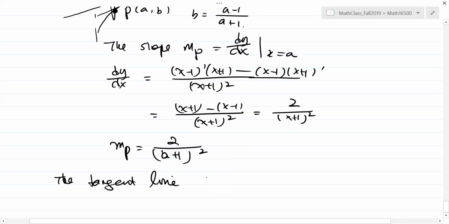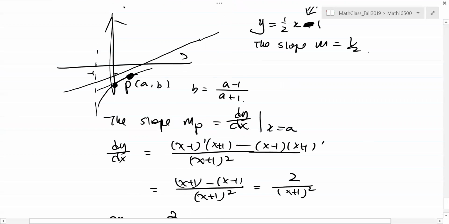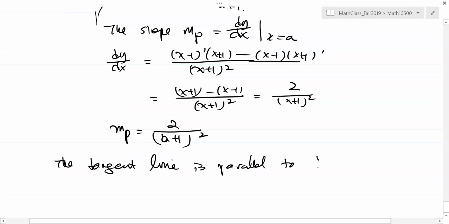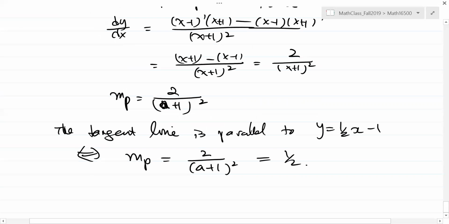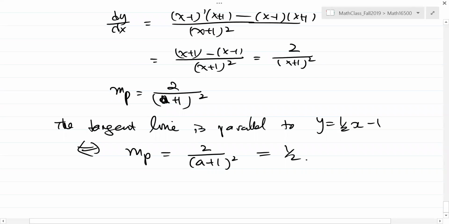Okay, the tangent line is parallel to the line we already have here, y equals 1/2 x minus 1, if and only if the slope of the tangent line is going to be 1/2. All right, so you can solve it.